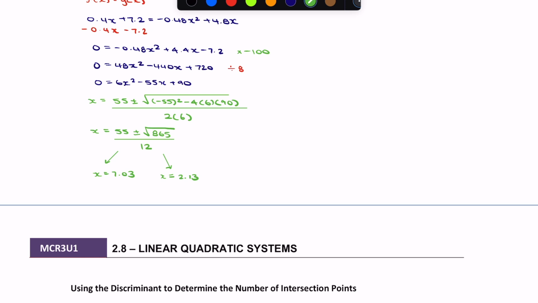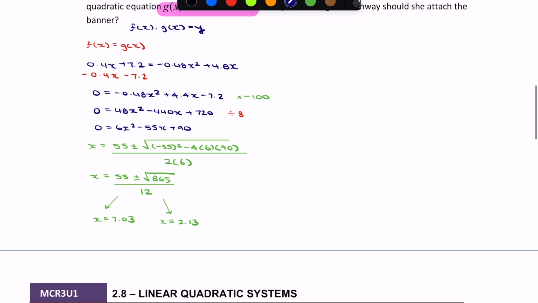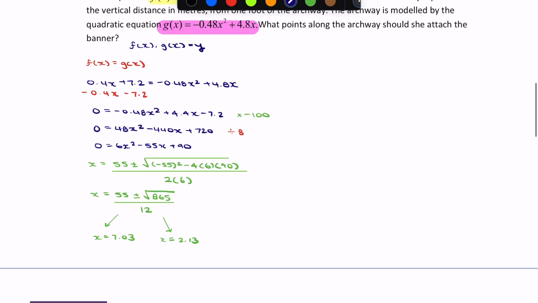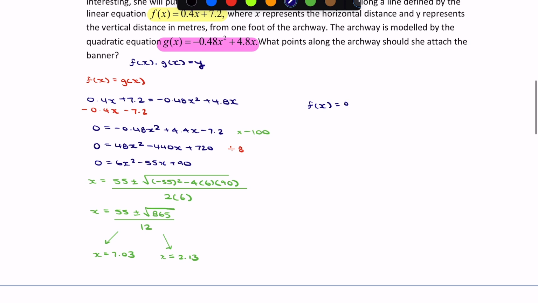If we sub it into one of our equations, we'll sub into f of x. Again, f of x is equal to 0.4x plus 7.2. We will sub x is equal to 7.03 first.